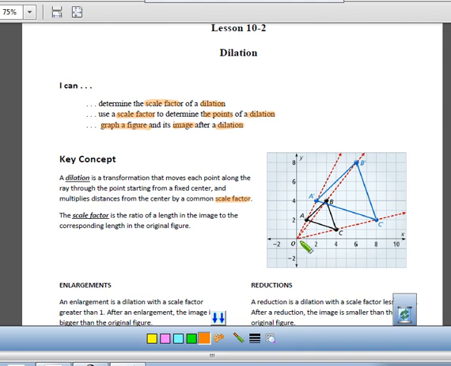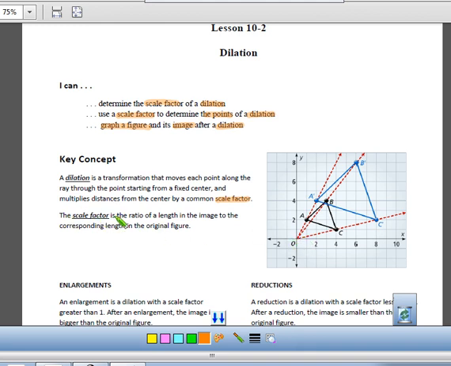Typically, if you look at this picture here, all of this is expanding out of the origin. So this year, in this topic, we're focusing on the dilation that is multiplying from the center, from the origin.